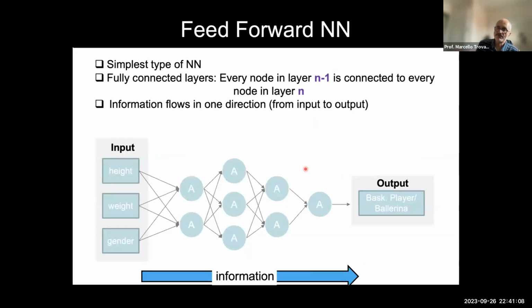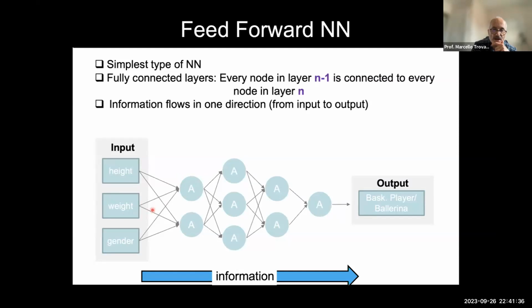The simplest neural network is a feed-forward neural network, and that is because the information goes in only one direction, from the input. Suppose we want to distinguish between basketball players and ballerinas. We have three features, three parameters: height, weight, and gender.